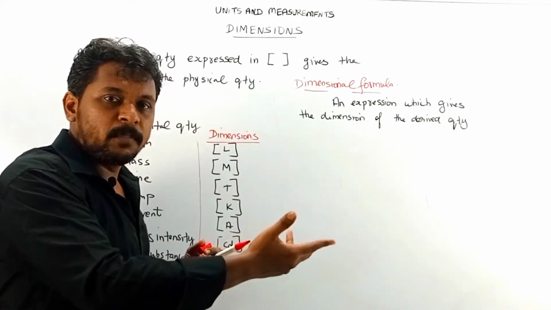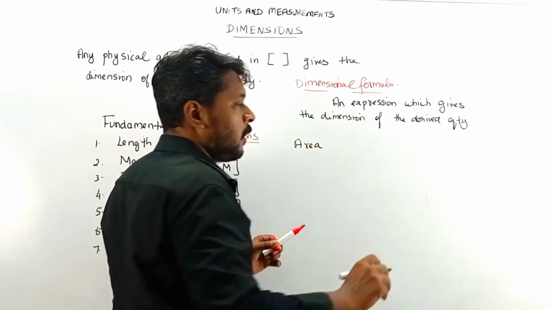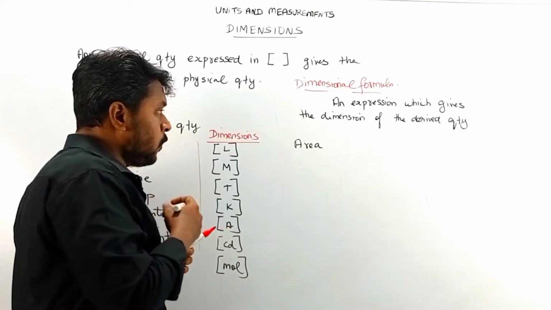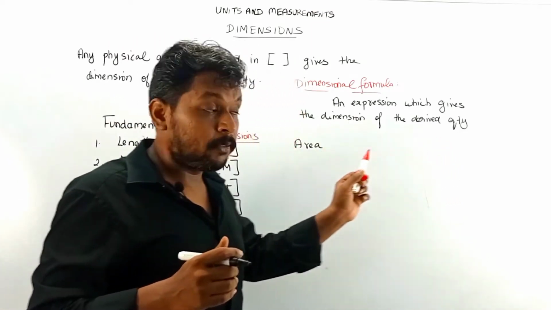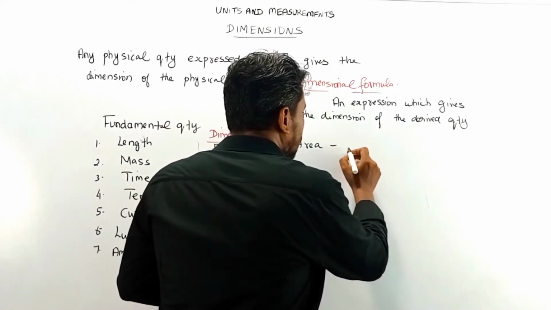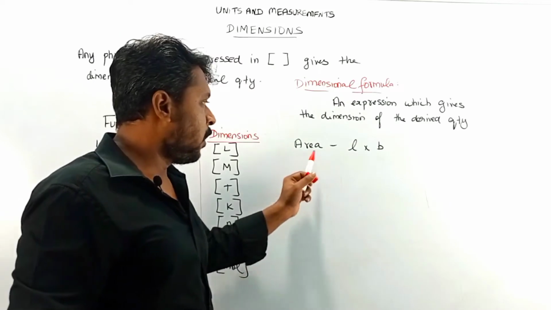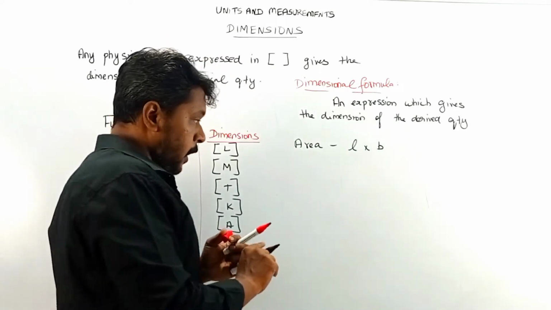Let's see with examples. First I will take area, a derived quantity. Before writing the dimension, we first have to write the formula for the given derived quantity. What is the formula for area? Length into breadth. Now I'm going to write the dimension.